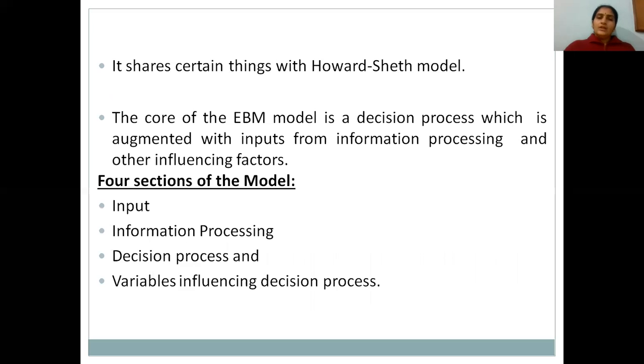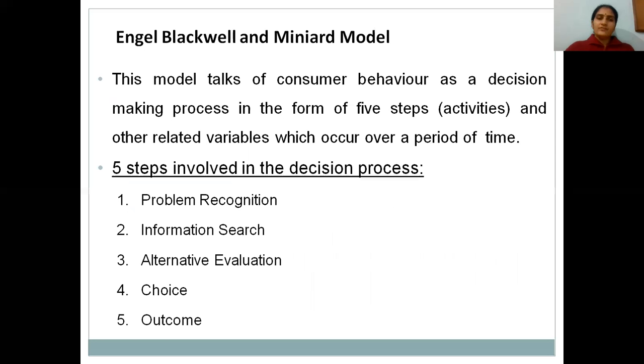So in today's session, friends, we have discussed the Engel, Blackwell, and Miniard model, where we have seen the decision process includes five different steps: problem recognition, information search, alternative evaluation, choice, and the outcome.